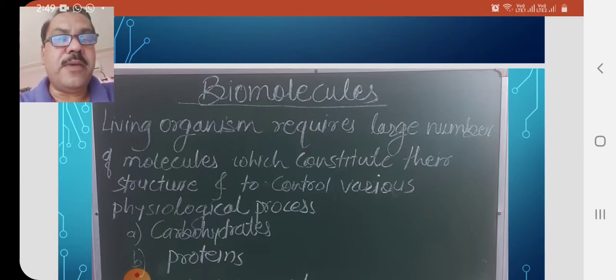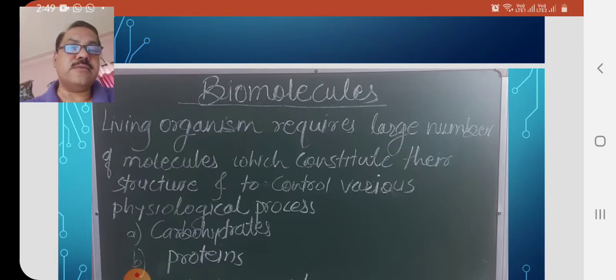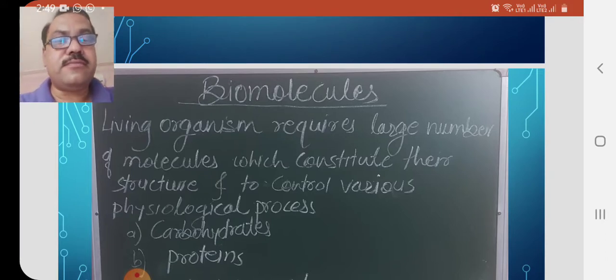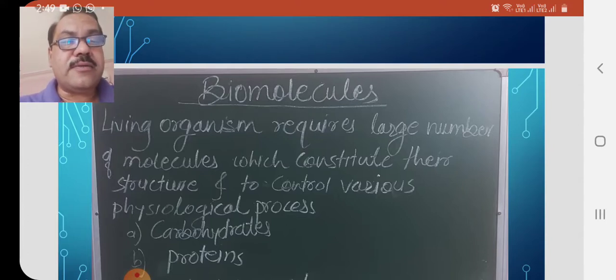For human beings, many molecules are required for the development of bone and muscle, and for the working of many glands, like the pancreas secreting insulin or hormones. All these molecules are called biomolecules.